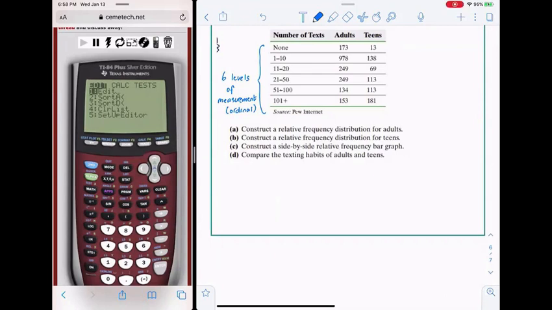I'm going to press 1, and in the first list, I'm going to enter the adult count. So I have 173 for none, 978, 249, 249, 134, 153.